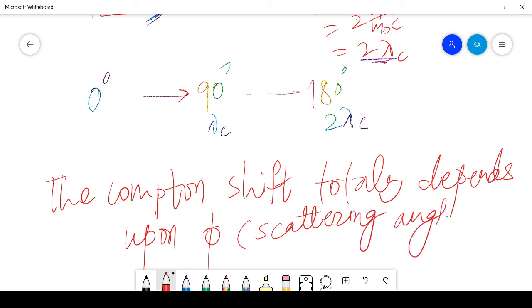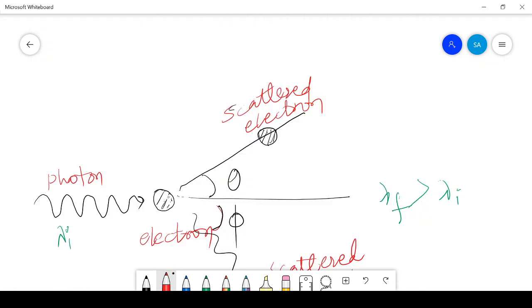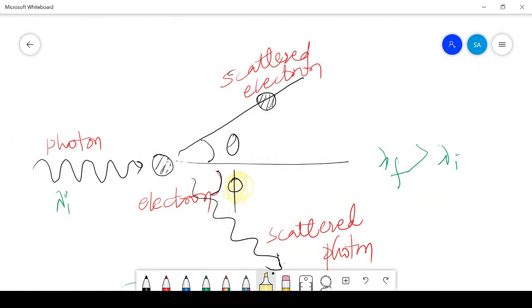Scattering angle of a photon. If you look at this diagram, this phi is very important. This scattering angle gives you the Compton shift. This is the direction of the incident photon, this is the direction of the scattered photon, and this phi gives you the angle of scattering.